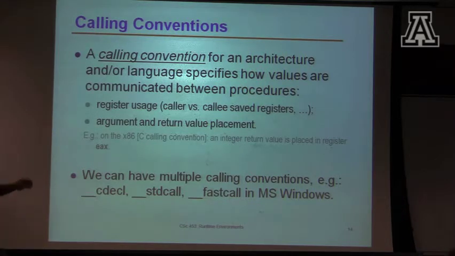So that's one place. The other place, and this is again an interaction with a different sort of external entity, is interactions with things like the debugger. The debugger needs to know where to find the arguments, what the arguments are, and so on.